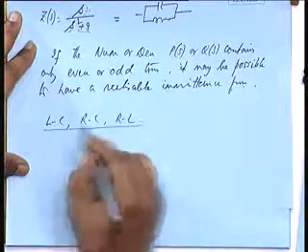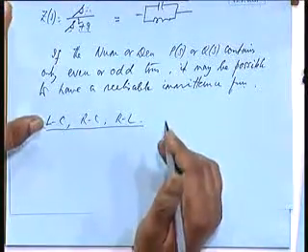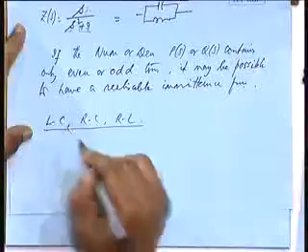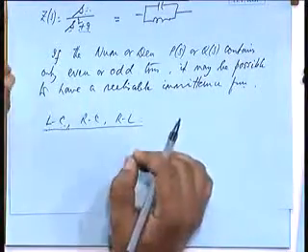So what would be the impedance or admittance function like for such networks consisting of only two types of elements, that is L and C or R and C or R and L? What will be the network function like?